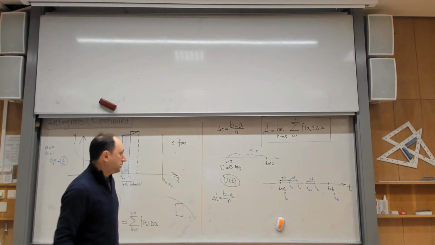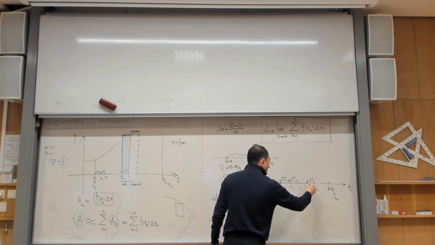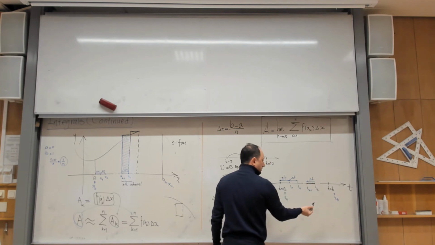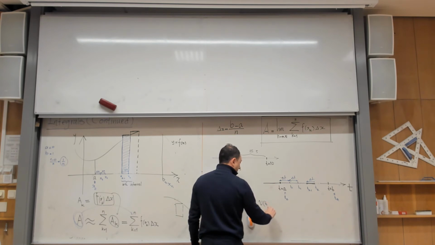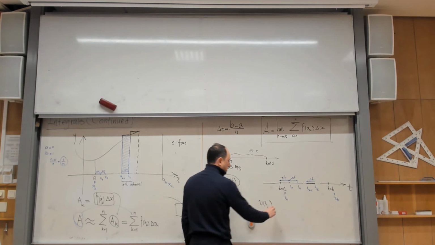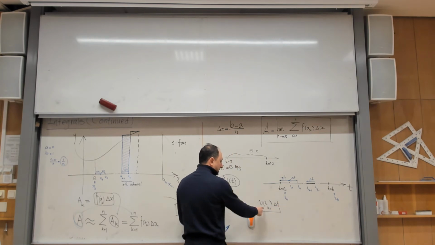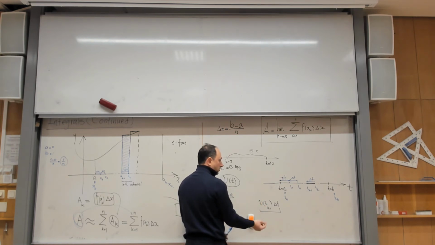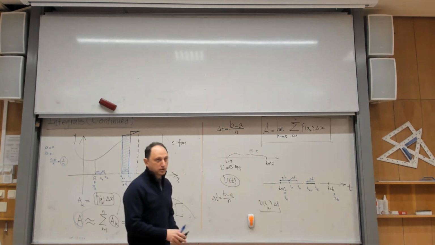And now what I do, I approximate the value. I would say that, okay, can I say the velocity of the particle is constant here? No. But the velocity of the particle, I can call it the velocity at t sub k minus 1. And I multiply it by delta t. If I ask you what this is, this is the distance traveled by my particle under this assumption that the speed of my particle is always the same as the speed of my particle at this time, which is not completely true.